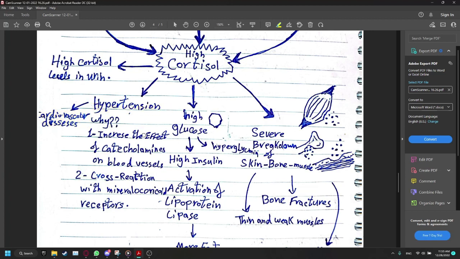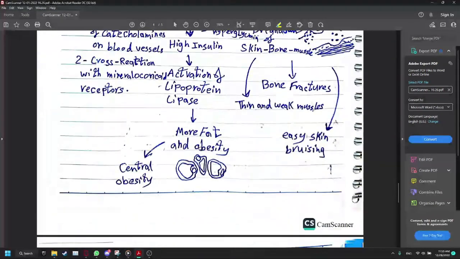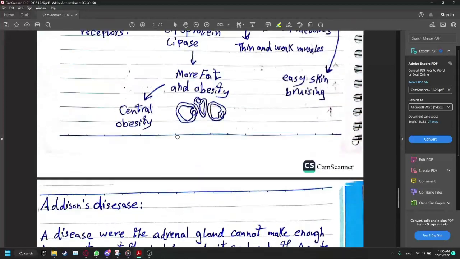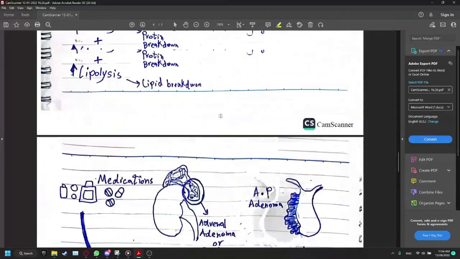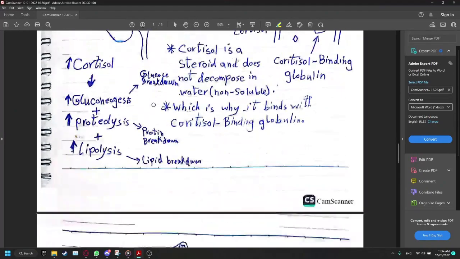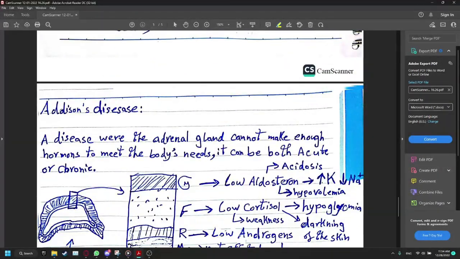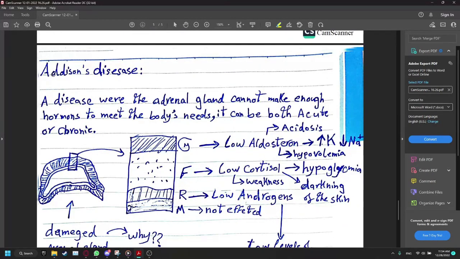Obviously, too much pressure in your blood can cause something like a rupture or even other heart complications. We're not gonna talk about that right now. Okay, so this is mostly everything about Cushing syndrome. If you have any questions about it, or even about everything from the previous one, just ask me.